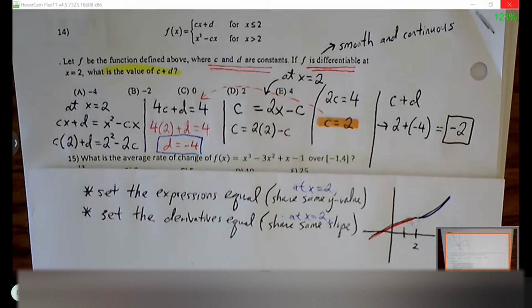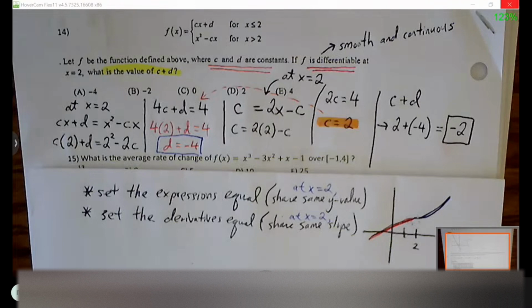Okay, any questions with 14? 15, 16, 17. 15 is just rate of change, so that's just slope. 16 is tangent line matching the slope, so that's just finding slope as well. 17 is tangent line equation. Normally, you're given the ordered pair and you figure out the slope and then do point slope, do the derivative.